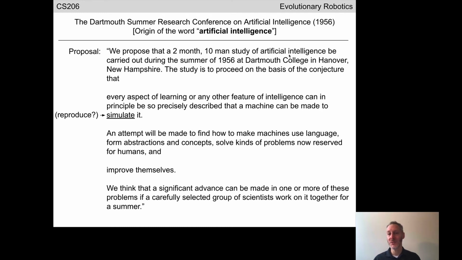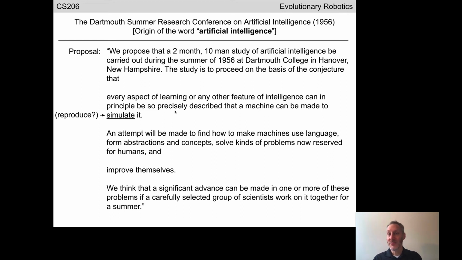In that proposal, they proposed to hold this two-month summer workshop of 10 men, obviously this is 1950s, to study this idea of artificial intelligence. This was the very first mention of the term artificial intelligence. The study they were going to conduct over the summer was to proceed on the idea that every aspect of learning or any other feature of intelligence can be precisely described. And this is going to be extremely important to us moving forward.